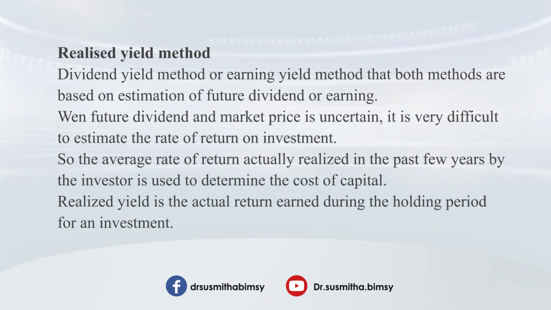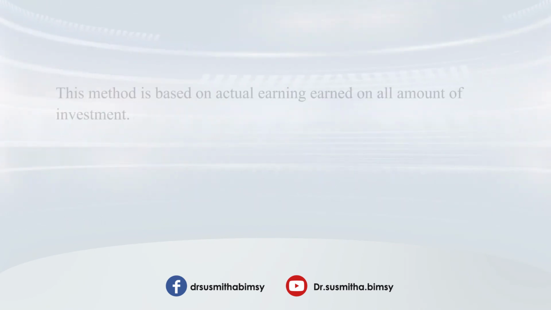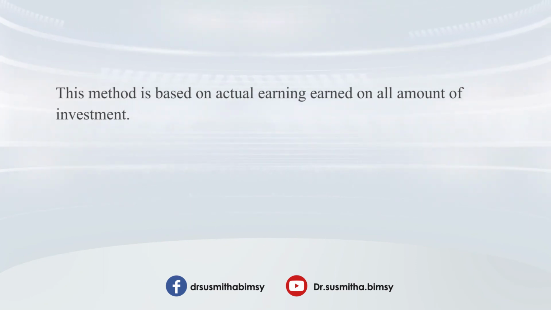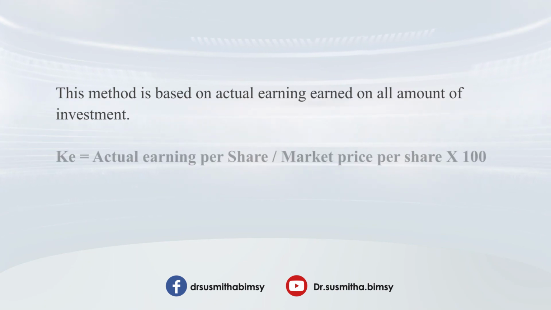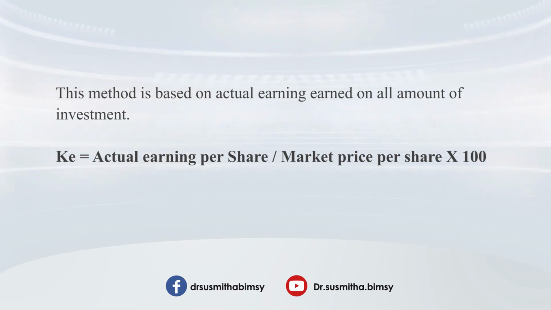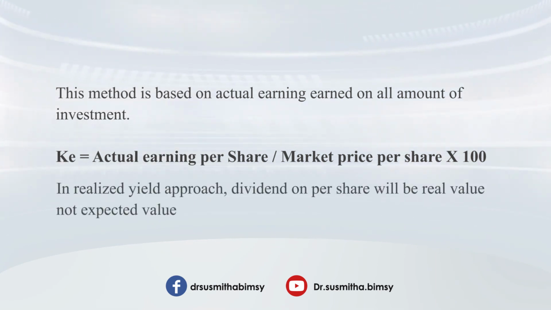In this approach, the growth in dividend is not considered a major factor for deciding the cost of capital. This method is based on actual earning on all amount of investment. So the equation will be actual earning per share divided by market price per share into 100. The point to note is that in realized yield approach, dividend per share will be the real value, not the expected value, right?